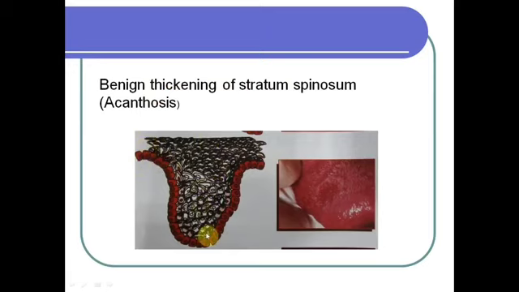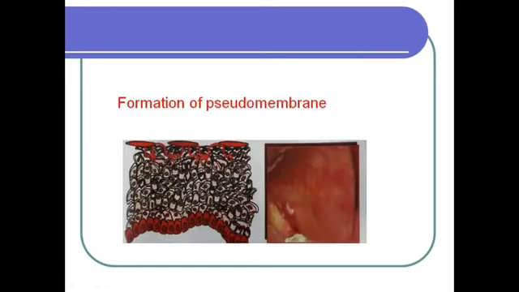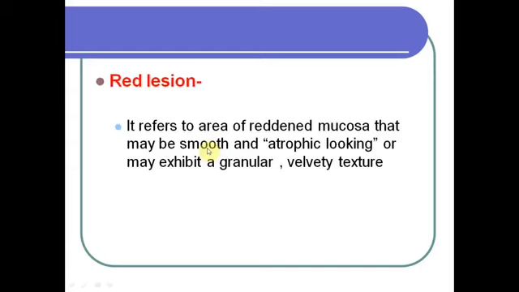So we have various layers: stratum basale, stratum spinosum, stratum granulosum, and stratum corneum. So the thickening is seen in stratum spinosum, and there will be accumulation of fluid in the intracellular and extracellular regions, and there will be formation of pseudomembrane. So all these could result in a clinical appearance of a white lesion.